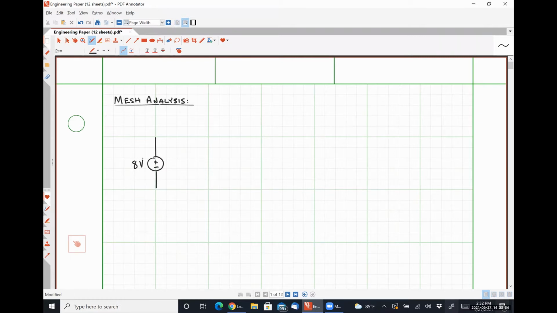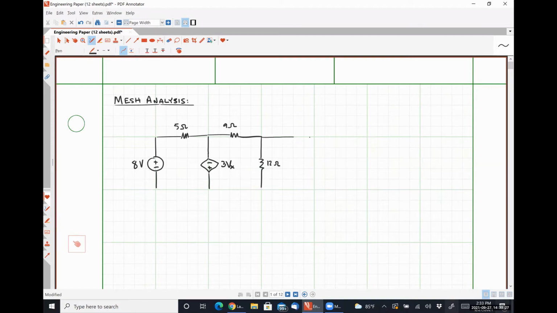Let's say that we have an 8-volt source. Then we have a 5 ohm resistor. A 3 Vx source like so. A 9 ohm resistor. 12 ohm resistor.